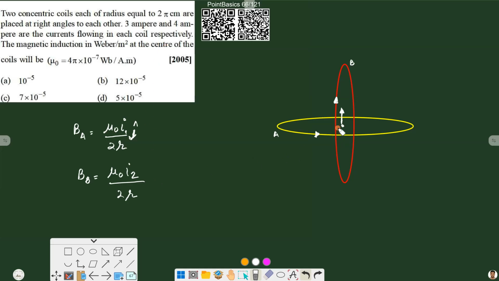Using the right hand screw rule the direction will be in the negative X direction, with a negative sign.